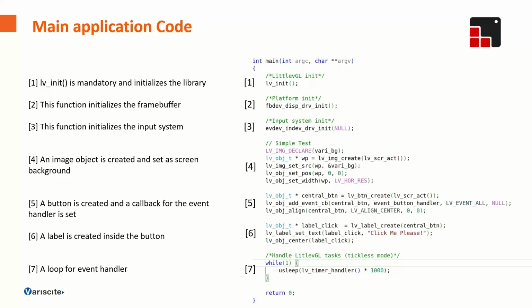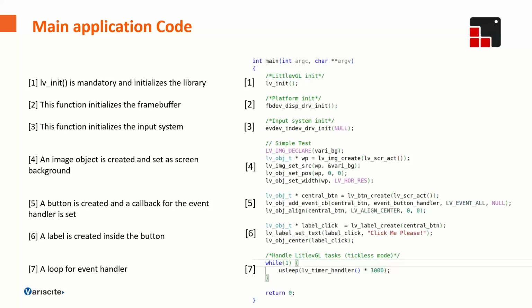But let's go into details. Section 4 is just the instantiation of an image. Basically, we are talking about the background in this case. If you remember, there was a background with an image that was just the base of the application.